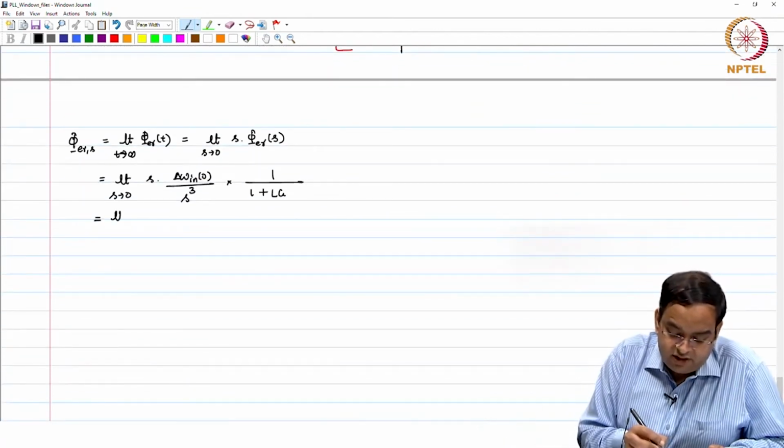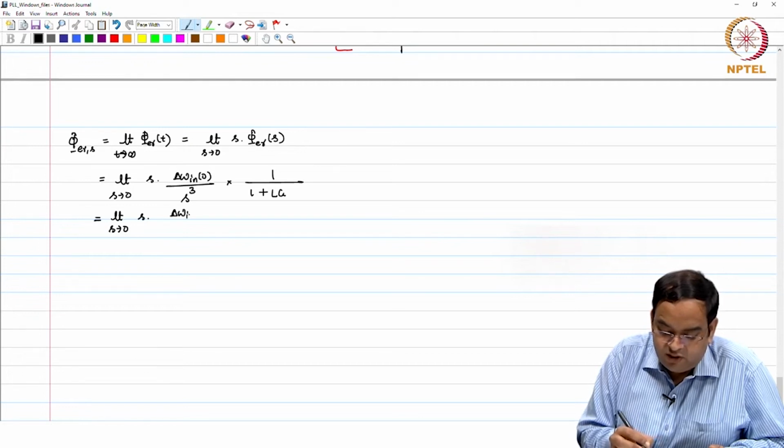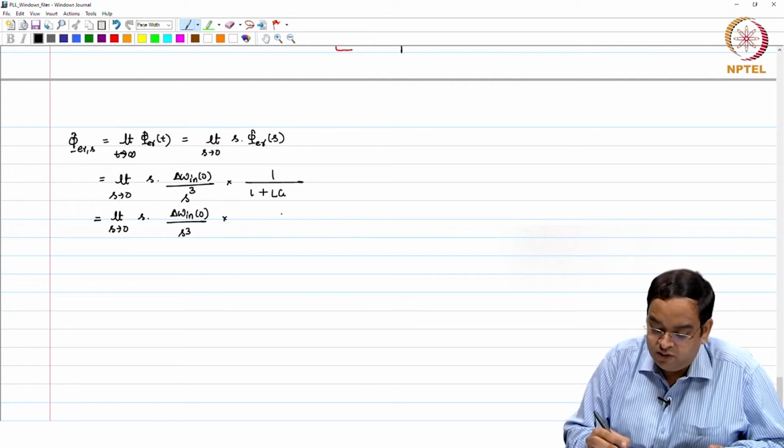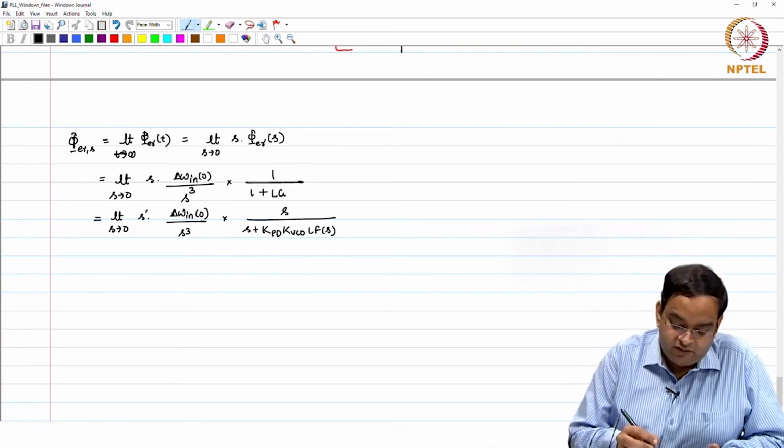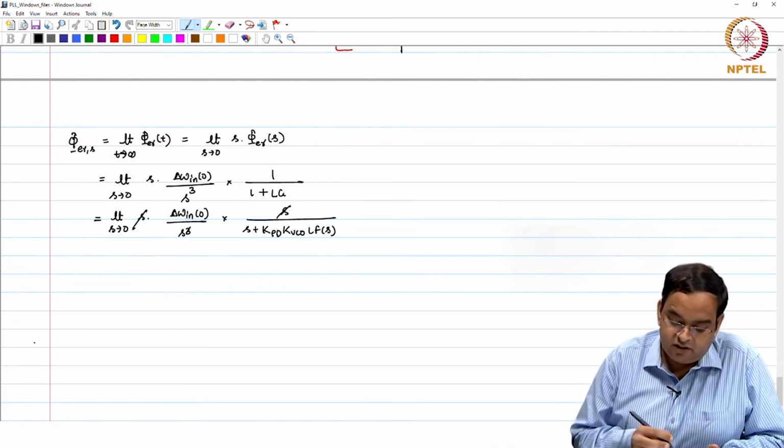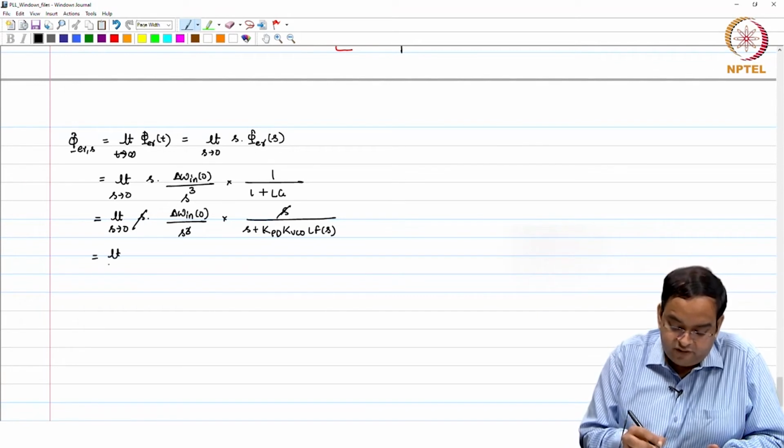So, this is equal to limit s tends to 0 of s times delta omega in 0 by s cube into s divided by s plus kpd times k VCO into loop filter of s. So, you see I can just cancel these things from here.